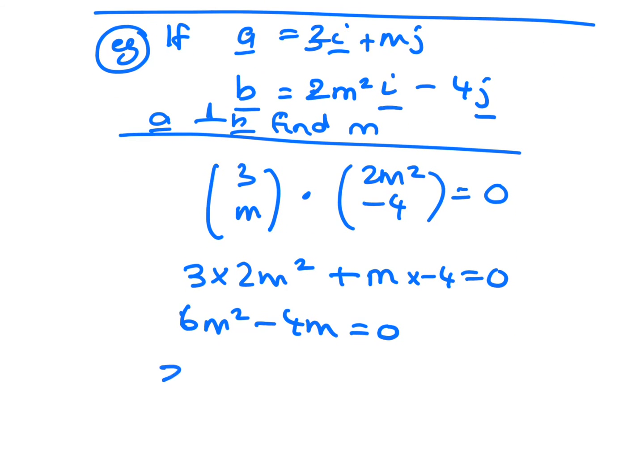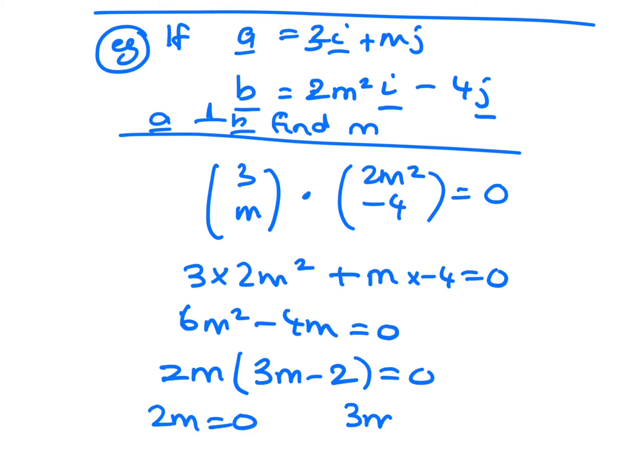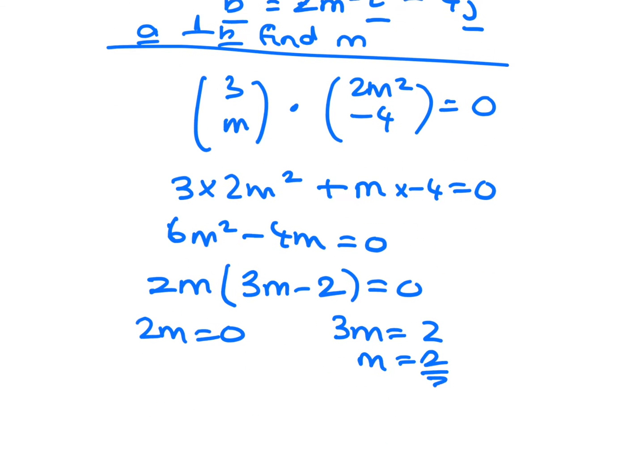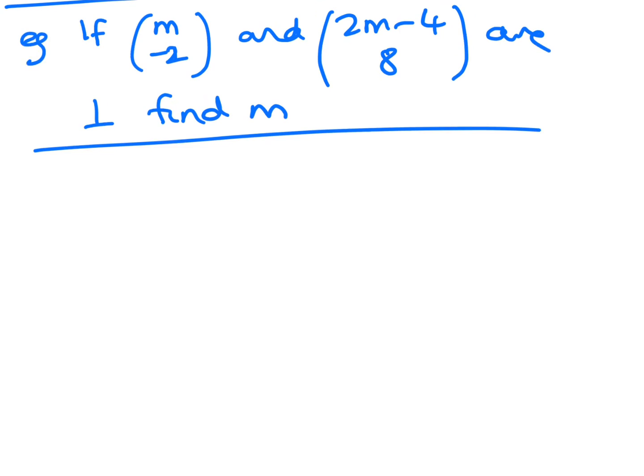Now, in order to solve that, I need to take out a common factor, which is 2m. So that would be 2m times (3m minus 2) equals 0. So 2m is 0, or 3m is 2, so m equals 0 and m equals 2 on 3.